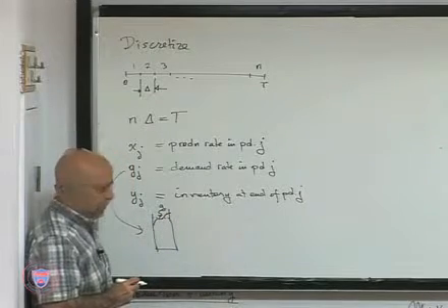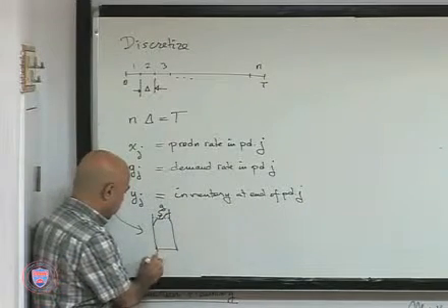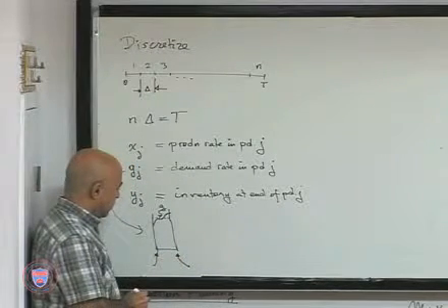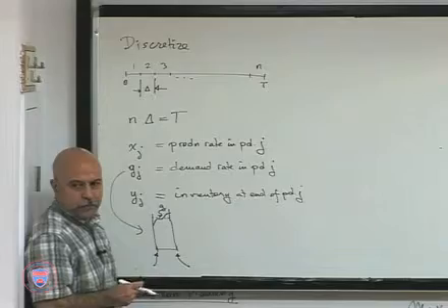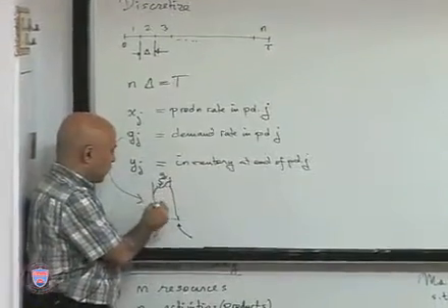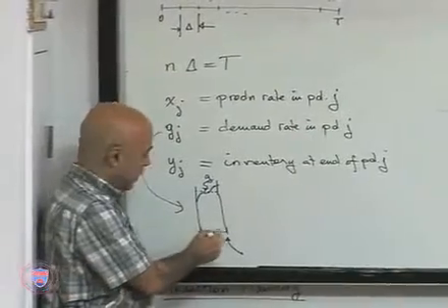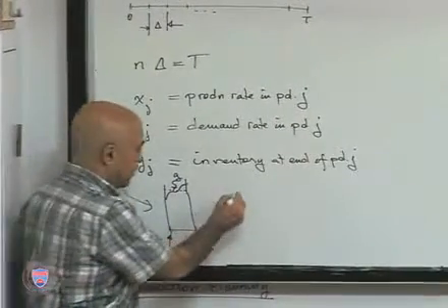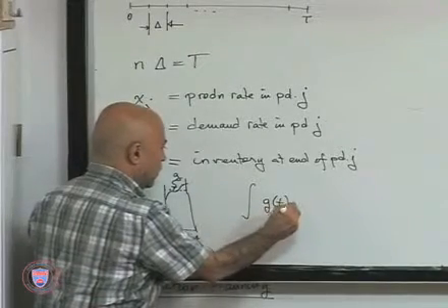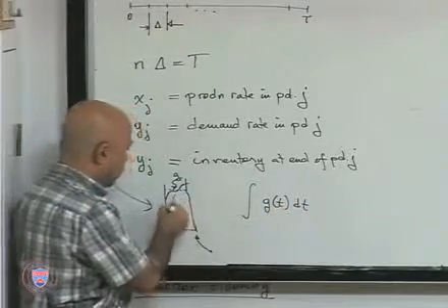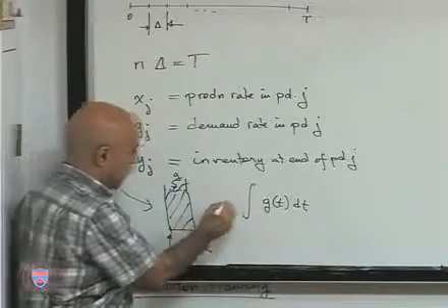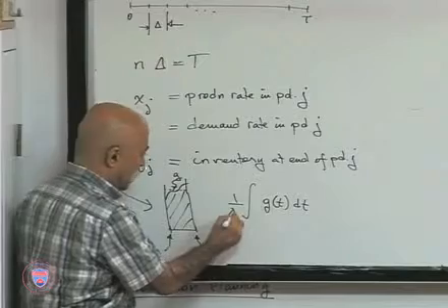So you can compute the demand here, and here, and take the average. That would be an approximation of what you want. Or you can simply integrate your G of t in this segment. If you integrate G of t in that segment, you would get the total demand here, and then you would divide it by the length of the period, which is your delta.